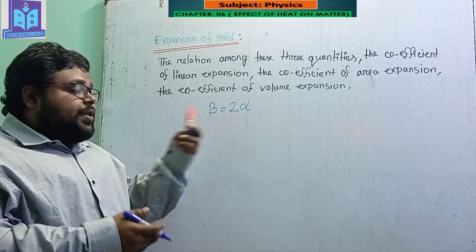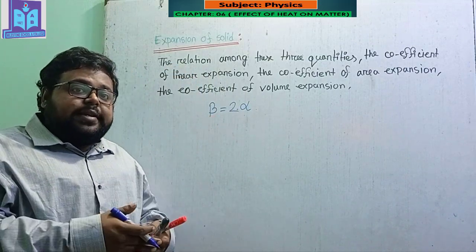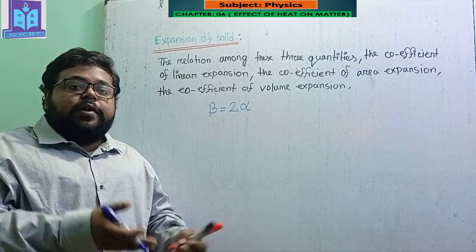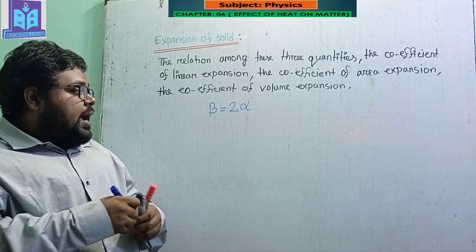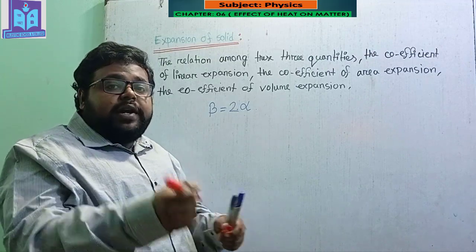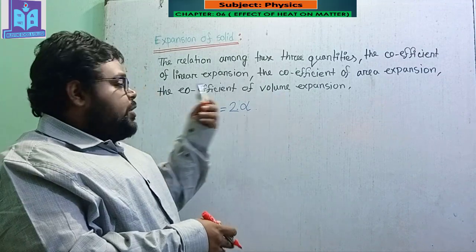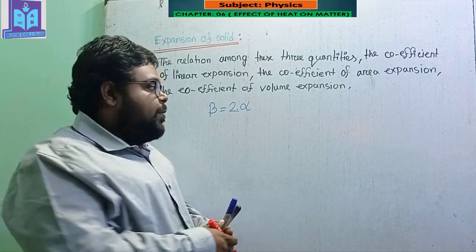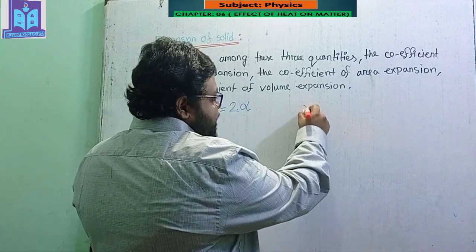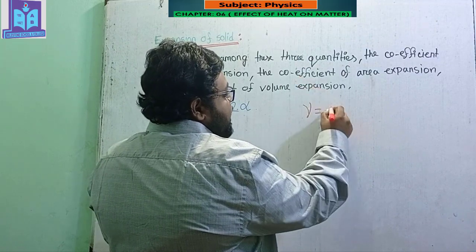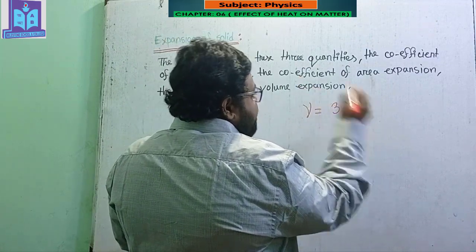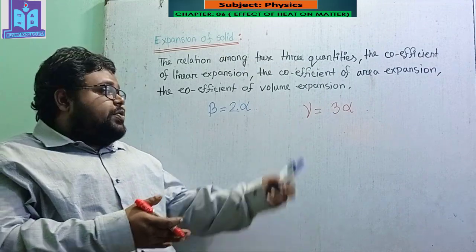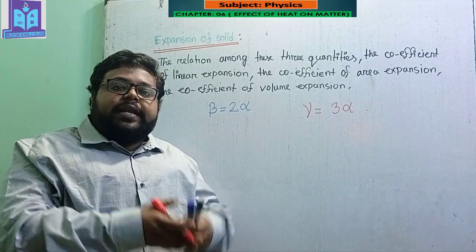The coefficient of area expansion of a solid is 2 times the coefficient of linear expansion for the same solid. Now the relation between the coefficient of linear expansion and the coefficient of volume expansion is gamma equals 3 alpha. That means the coefficient of volume expansion of a solid is 3 times the coefficient of linear expansion of the same solid.